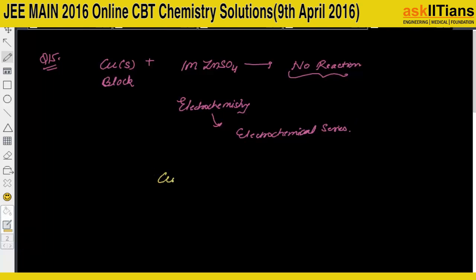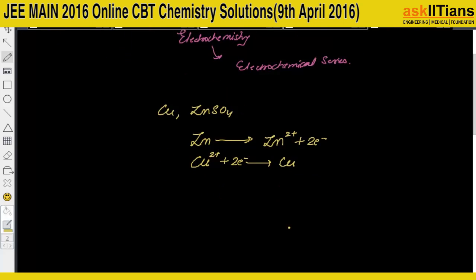Like out of copper and ZnSO4, we know that zinc always has the tendency to lose electrons to form Zn2+ and 2 electrons. Also I can say Cu2+ has a tendency to react with 2 electrons to form copper. That means the most favorable couple will be Zn plus CuSO4 to form ZnSO4 plus Cu.